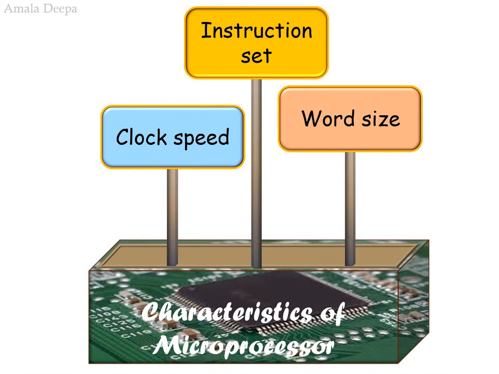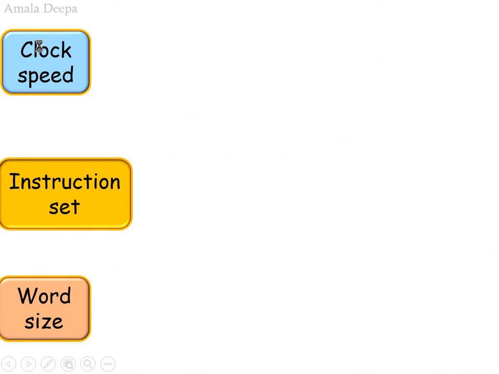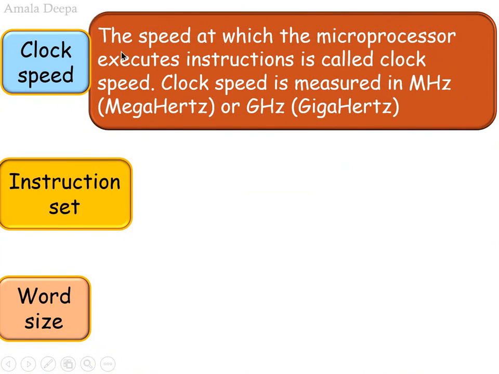These are the characteristics of microprocessor. Clock speed. The speed at which the microprocessor executes instructions is called clock speed. Clock speed is measured in MegaHertz or GigaHertz.